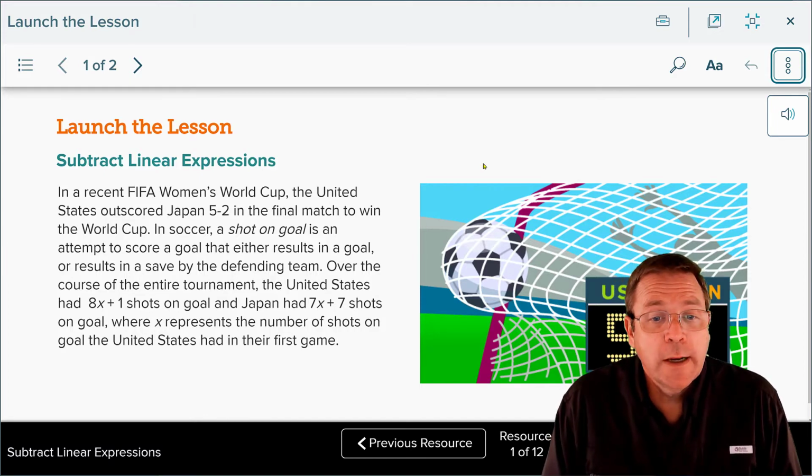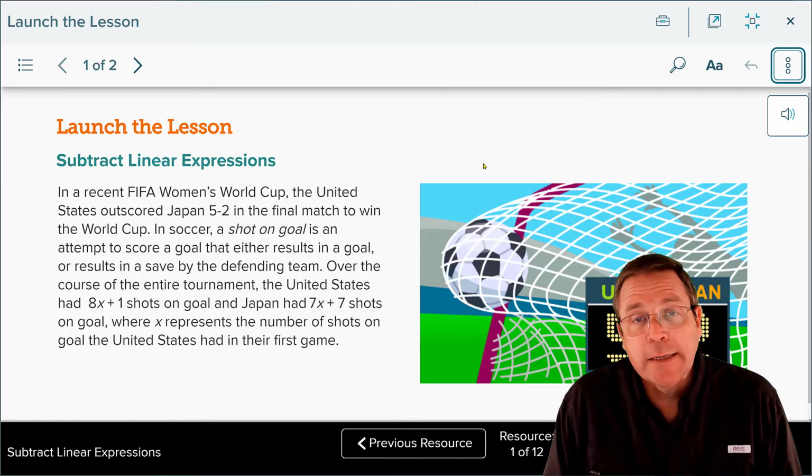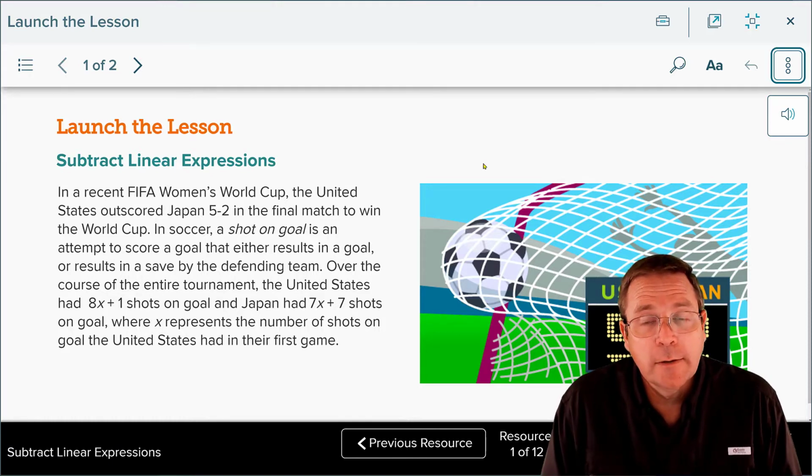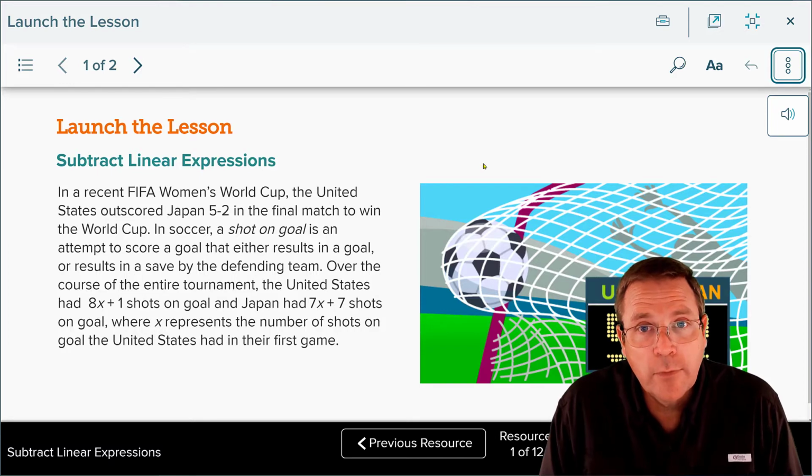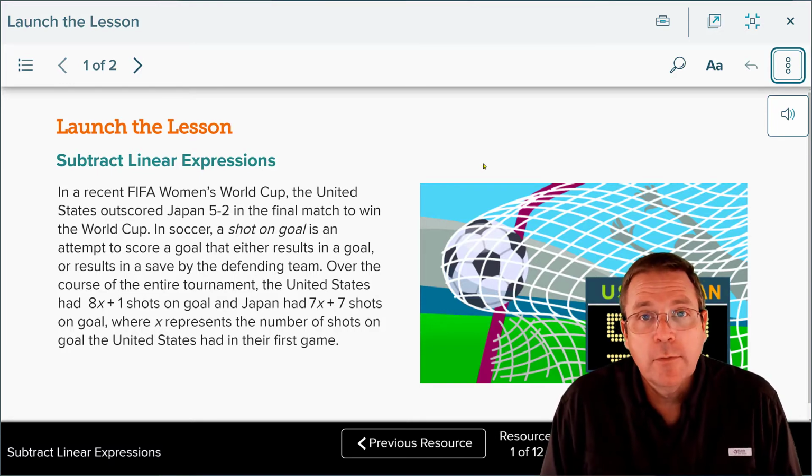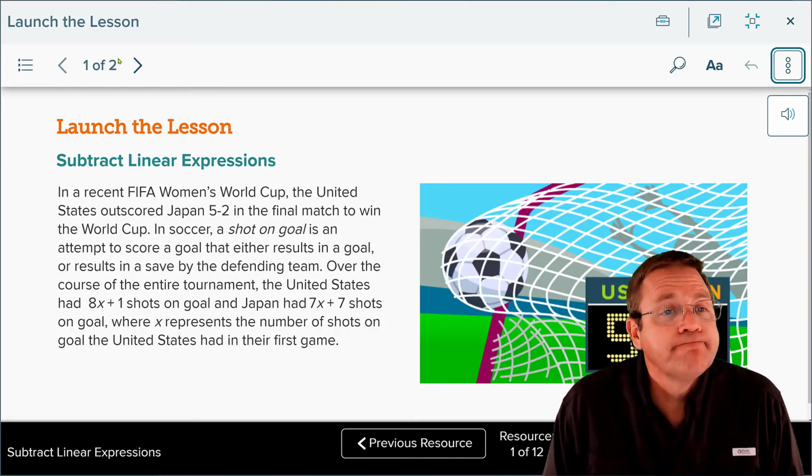Over the course of the entire tournament, the United States had 8x plus 1 shots on the goal, and Japan had 7x plus 7 shots on the goal, where x represented the number of shots on the goal the United States had in their first game. Because, I mean, doesn't every sports enthusiast write their shot records in the terms of algebraic expressions?